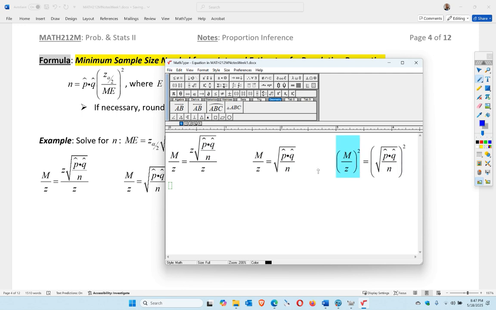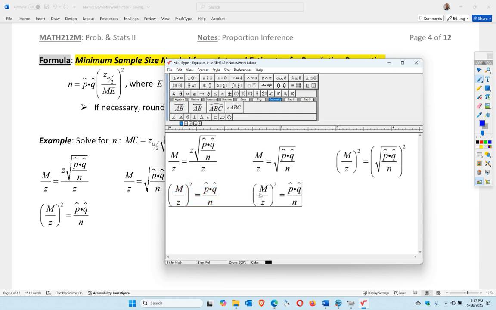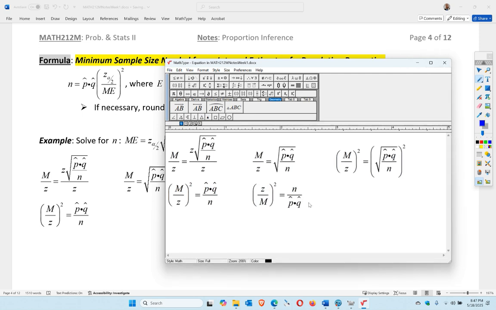So this will leave me with just this. Okay? But I really want to know the sample size, which is n. So I'm going to flip both of them, basically. So if I flip both of them, I'm going to take this, copy, paste. I'm going to put the z up here, and put the m down there. And then take these, put them on the bottom, and put the n on top. Okay? So the last step is to multiply by n on both sides.